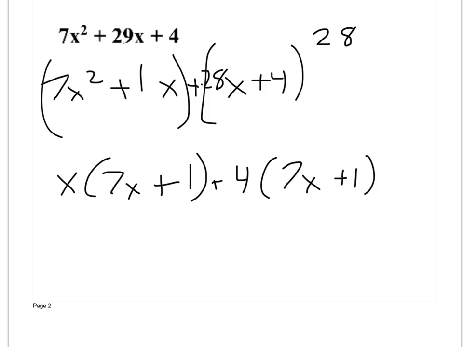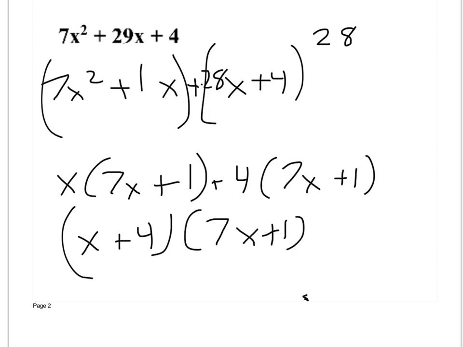So I got plus 1, which, by the way, you have to make this look like this. If it doesn't come out exactly the same, you can't combine them, so you probably did it wrong. We combine what's in front, the x and the 4, and then we combine the 7x plus 1. So here's the answer you would get.